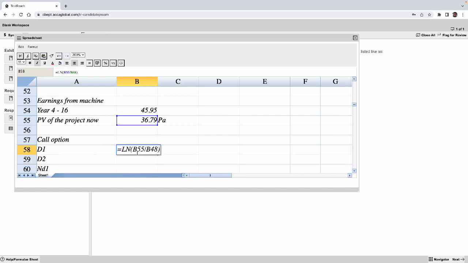Let me just double check it's working or not. Can, class?